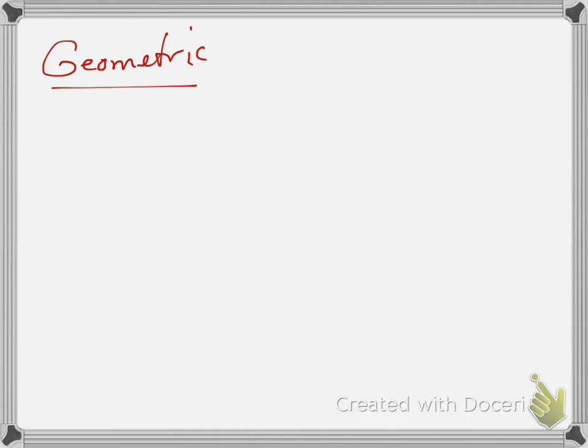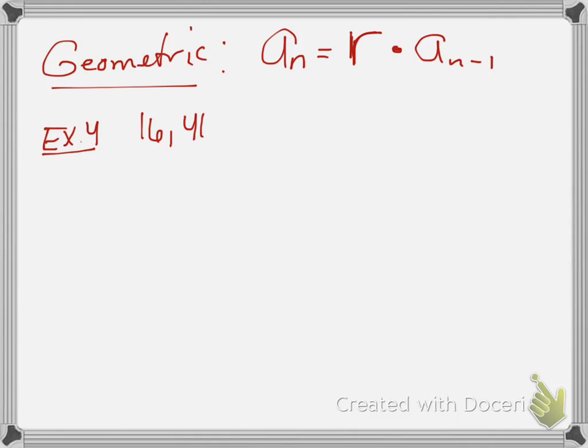Now, the equation for geometric is going to be a sub n equals r times a sub n minus 1. So that right there is an r. So for example 4, let's say you got 16, 40, 100, 250, 625, and it would continue.